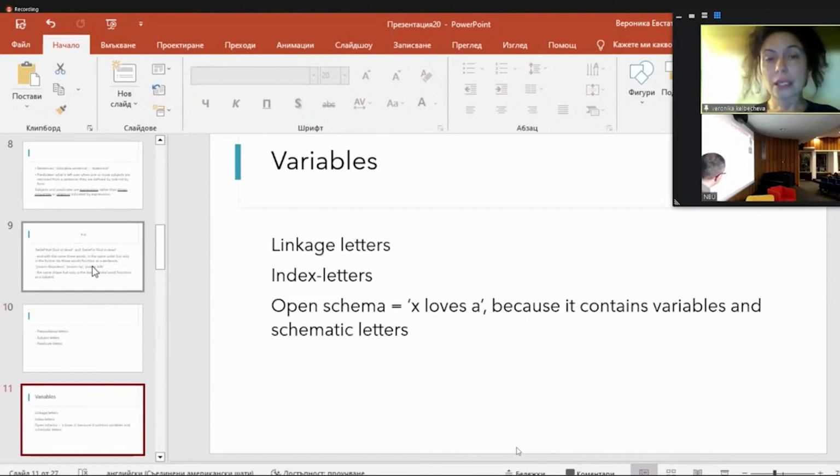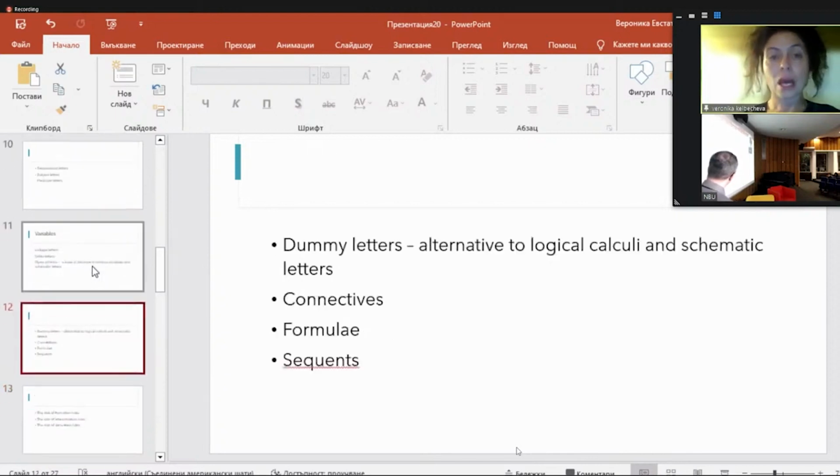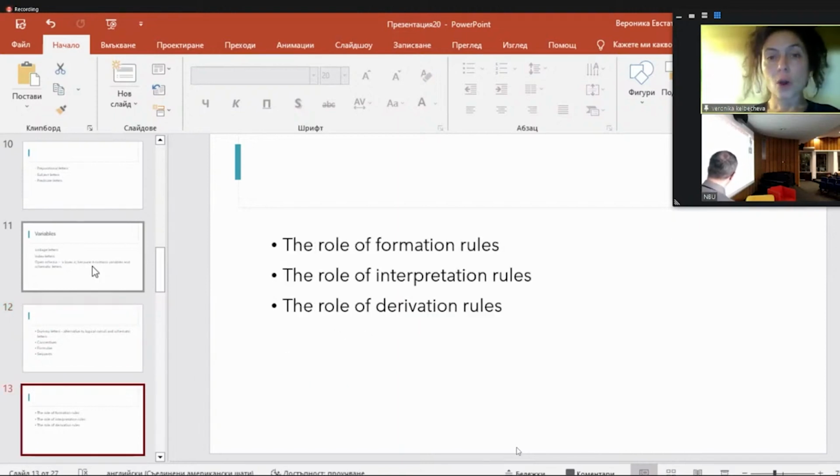Variables, linkage letters, index letters, and open schemata: "X loves A" is one, because it contains variables and schematic letters. Dummy letters, alternatives to logical calculi and schematic letters, connectives, formulae, and sequents. The rules of formation, the rules of interpretation, and the rules of derivation are discussed after.